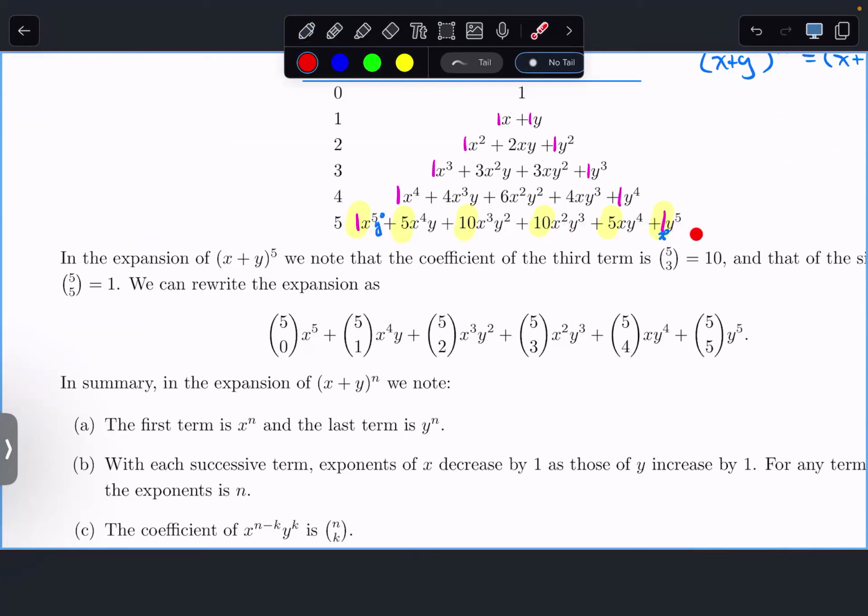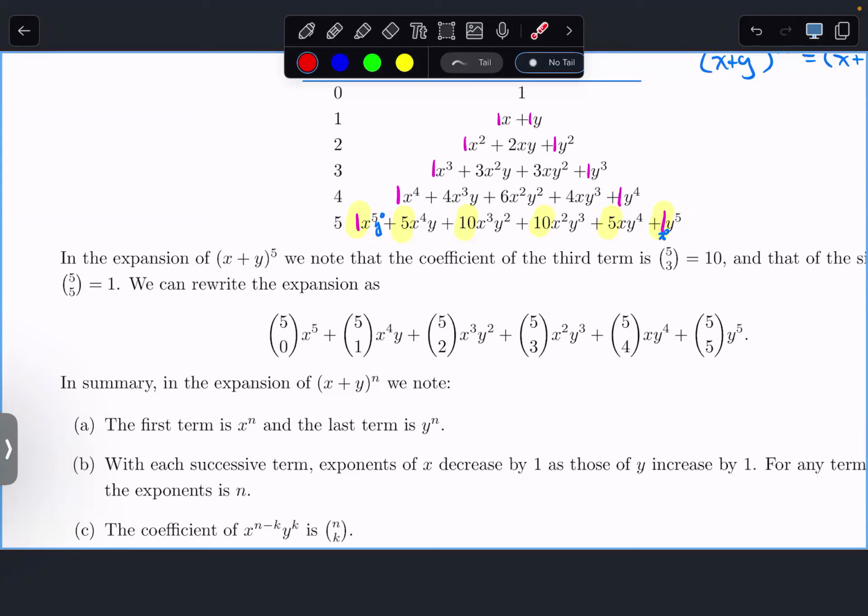You could do that by hand, you'd just have to be nice and methodical: (x + y) times (x + y) times (x + y) times (x + y) times (x + y). As long as you do it slowly, you should be done in about 2 pages, once you've simplified and collected like terms. It's not hard, it's just tedious.